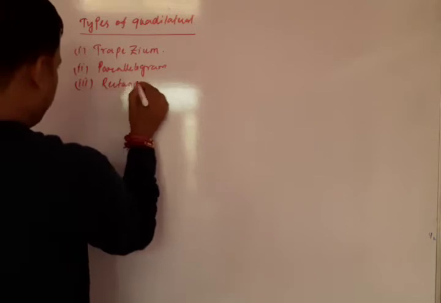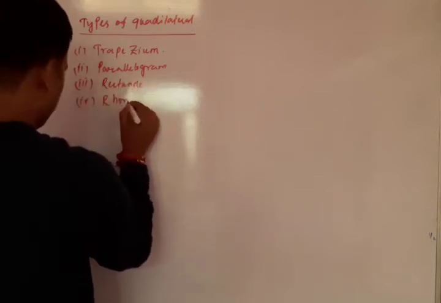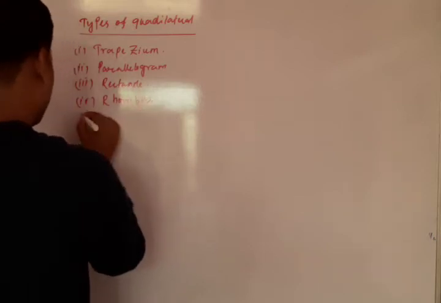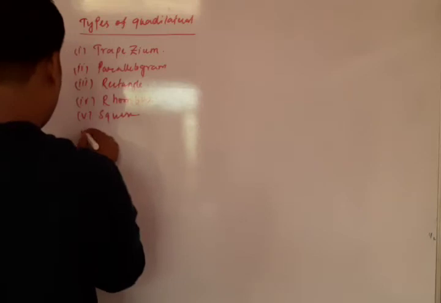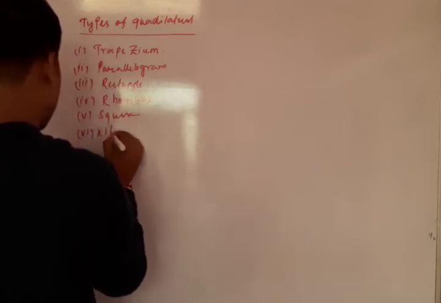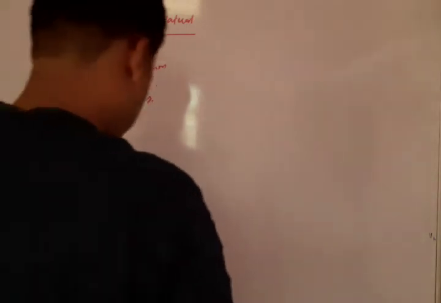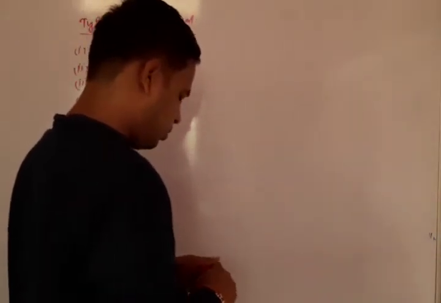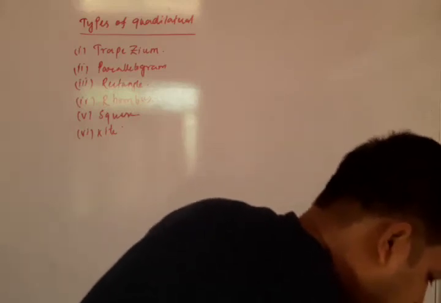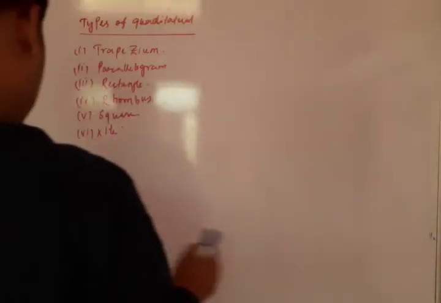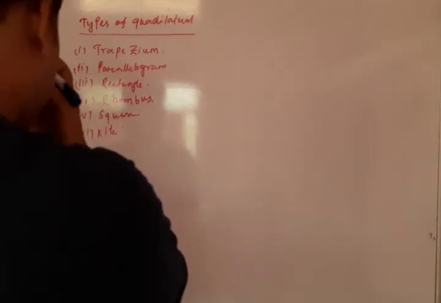Third, rectangle, fourth, rhombus, fifth, square, and sixth, kite. There are a total of 6 types of quadrilateral, and we will see what their properties are. So first, trapezium.